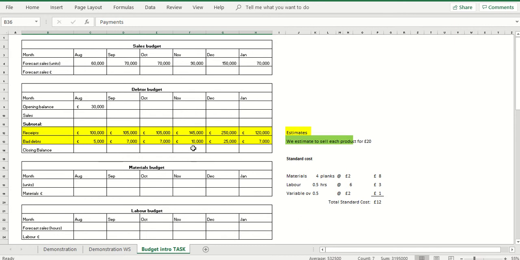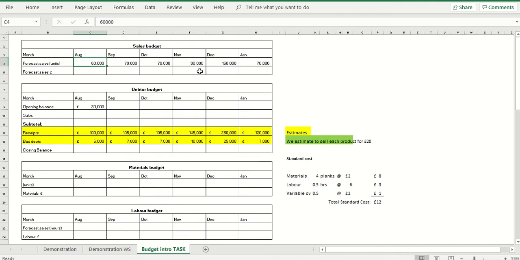So what we think will be in them becomes bigger or smaller based on the size of our sales budget. We are given in this particular exercise a number of units that we expect to be selling throughout each of these months. We think we're going to be selling 60,000 units in August and 70,000 units in September, and so on and so forth. But let's get to it.